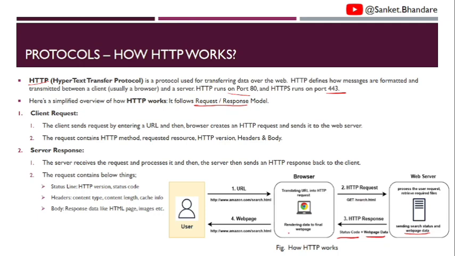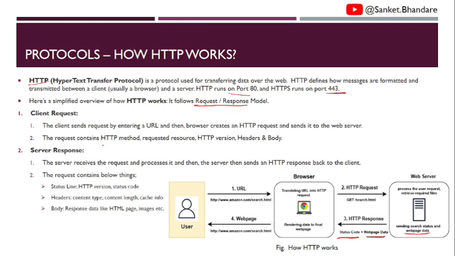Further data is sent to the user browser, and that data is being rendered, and user will be able to see the web page of requested data, that is iPhones. So the user will be able to see the list of iPhones as the response data. So in this HTTP request response process, the client first sends the request by entering the URL, and the request is transformed by browser.